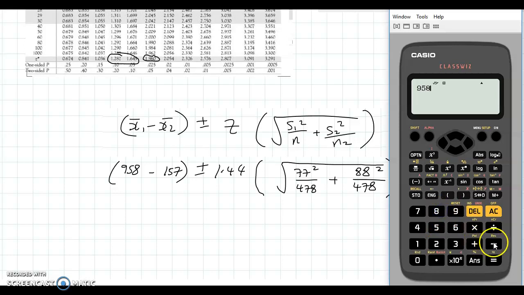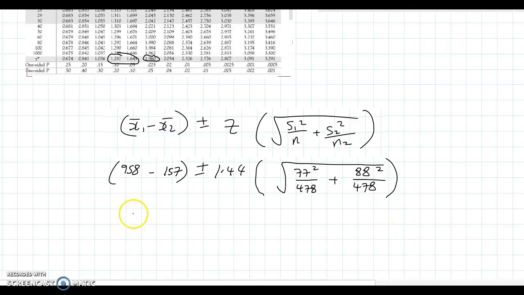So on the calculator, 958 minus 157, we get 801. Plus or minus, and this is going to be our standard error when we work all this out.